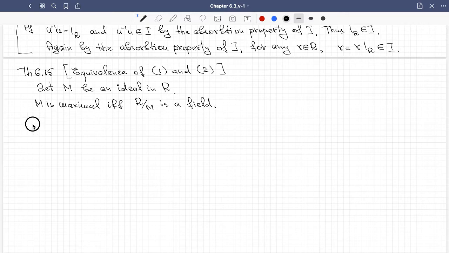An immediate corollary, 6.16, tells us that every maximal ideal is prime.